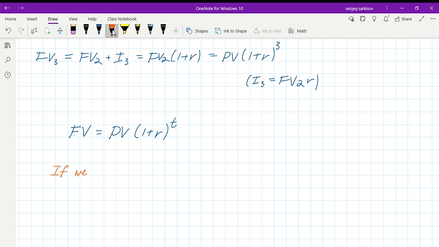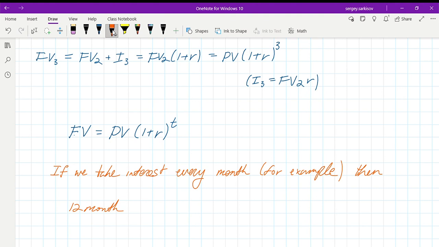If we take interest every, let's say, month, for example. Then, here's what happens. Let me show you. Every month, there are 12 months per year, in a year, right?